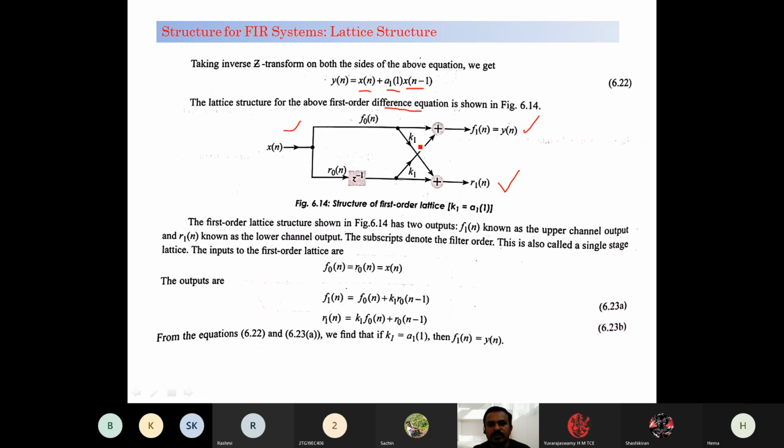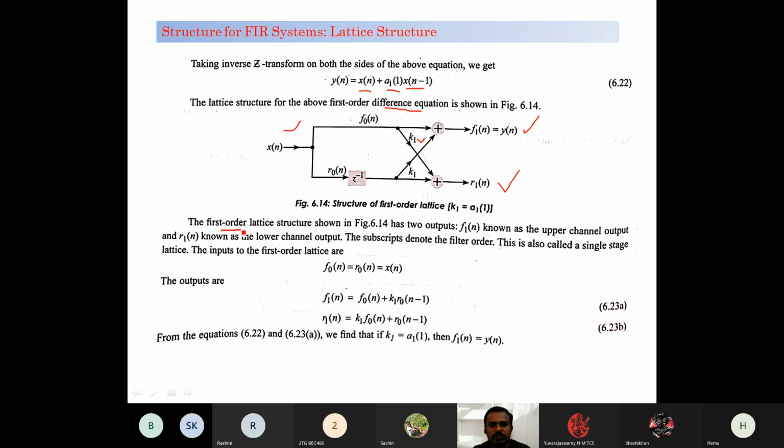Each stage in the lattice is cross connected according to the order of the filter. Since it is only first order, they are cross connected with the coefficient k1. What is this k1 and these labels, you will come to know when we go through the equations.